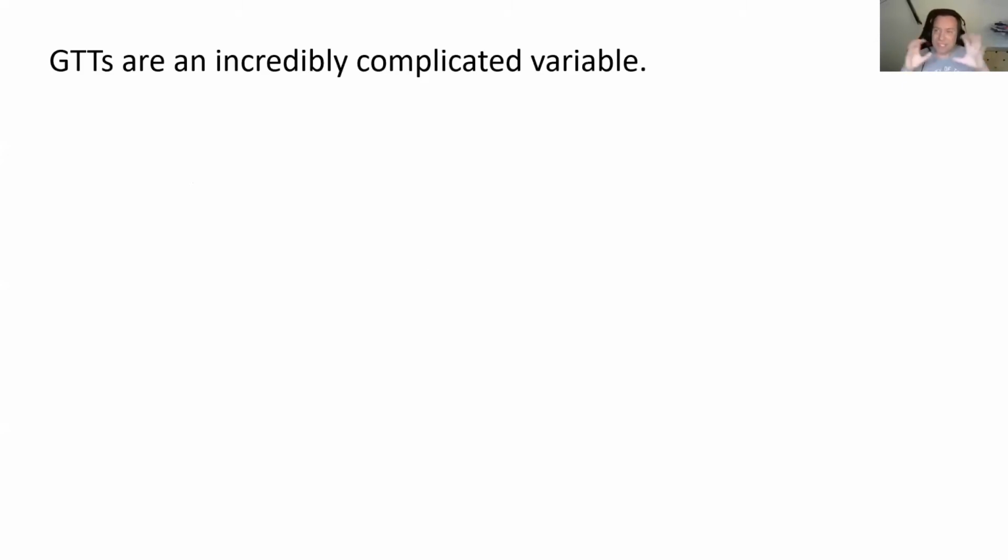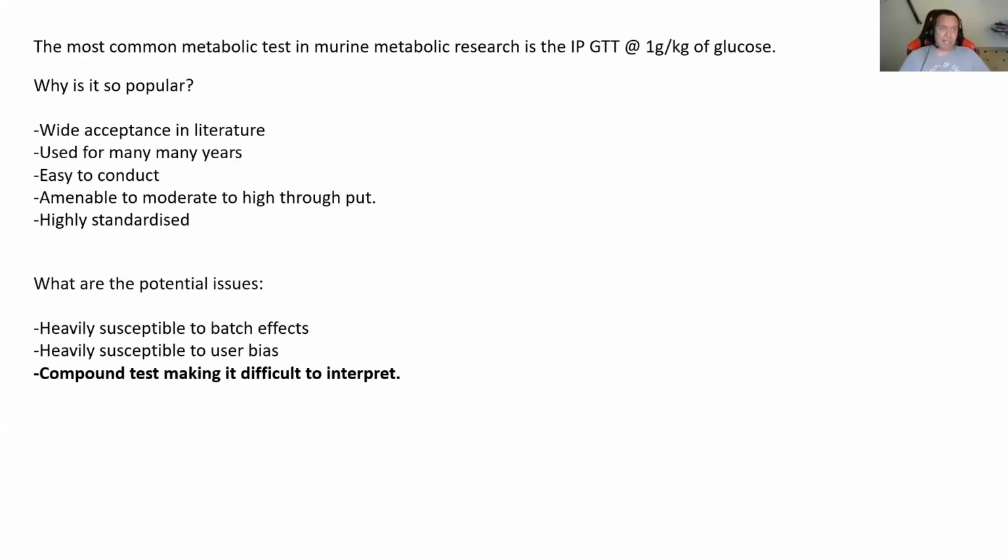So the first thing I'm going to say up front is GTTs are an incredibly complicated test and an incredibly complicated variable. And I'm going to try and convince you of it by the end. It is, I would argue, the most common metabolic test in neurometabolic research. And this is a slightly old slide.